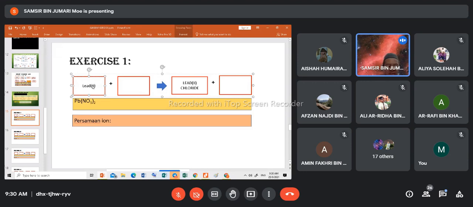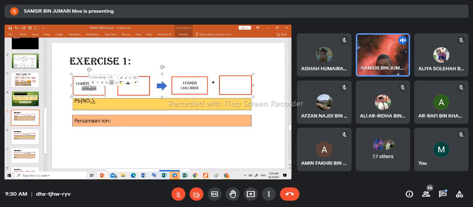Lead nitrate solution, don't forget the solution. Why is that? If you write lead nitrate, we assume that it is the solid. Without writing the solution, we assume we use solid lead nitrate.